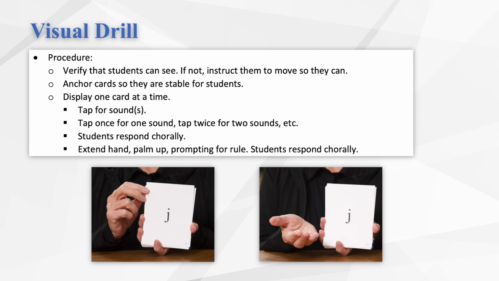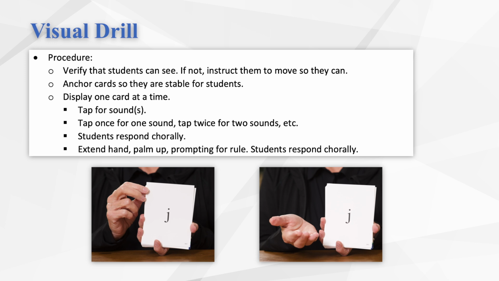Tapping also provides information for students regarding the number of known sounds for a card. Initially, most of the consonant cards in a visual drill will only have one sound. The instructor taps in the upper corner of the card for the sound. However, as instruction progresses, some cards will have multiple sounds.